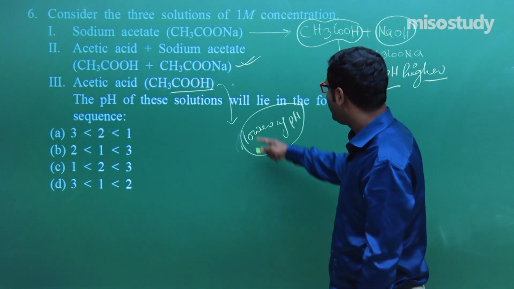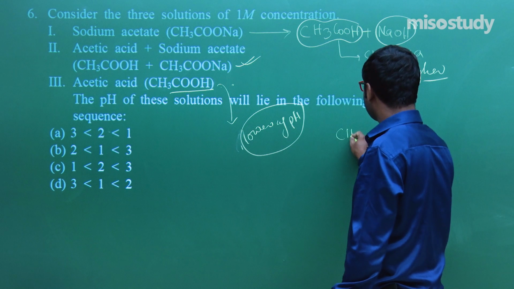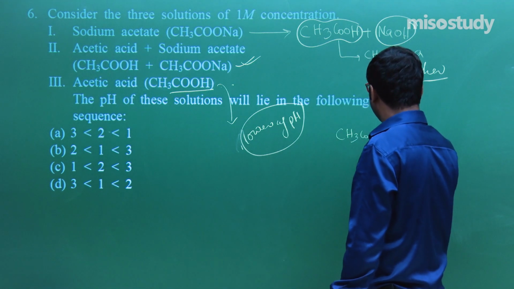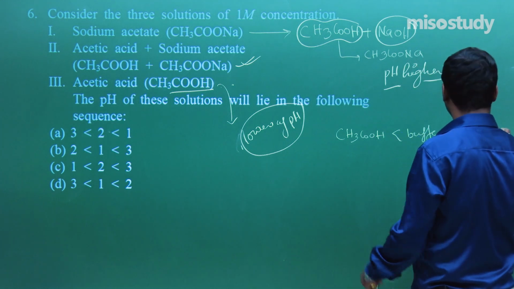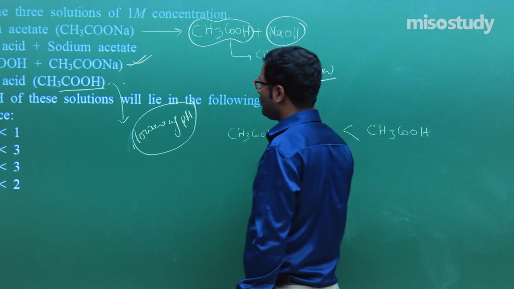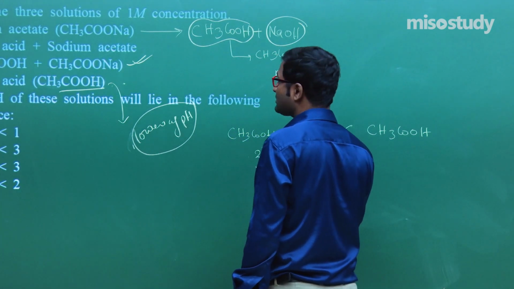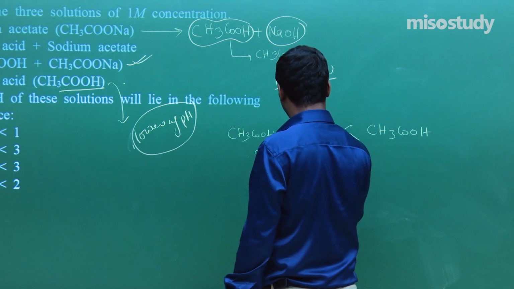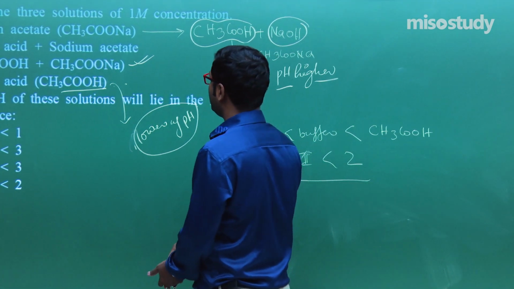So if I sequence, the pH will lie in the following order. First of all, there comes CH3COOH, then there comes buffer. Clear to you? And finally there comes CH3COONa. So that is the third one, then there comes first one, and then second one. Am I right or wrong?